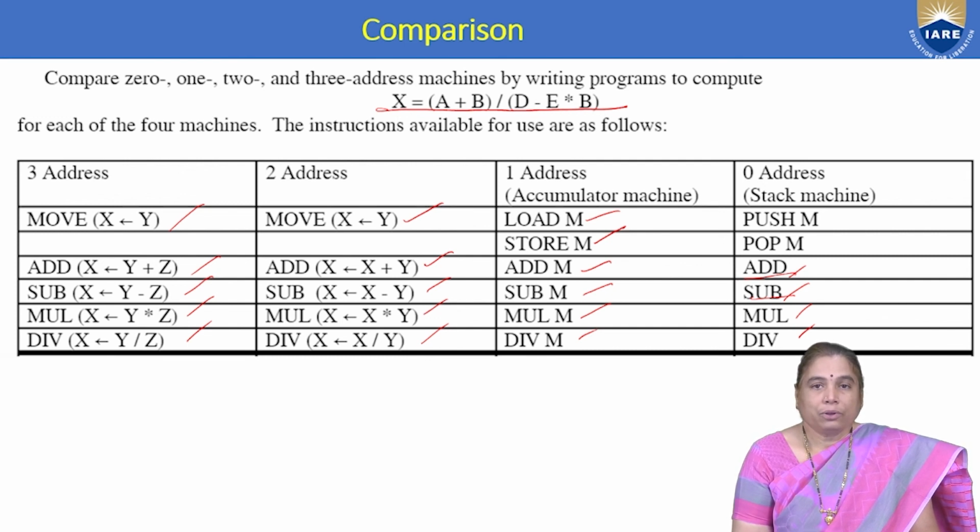The length of the code can be high in case of stack machines or the zero address instruction format. Coming to the one address instruction format, it uses the accumulator for data manipulation, and there is a need to load and store the operand values in the accumulator for processing.